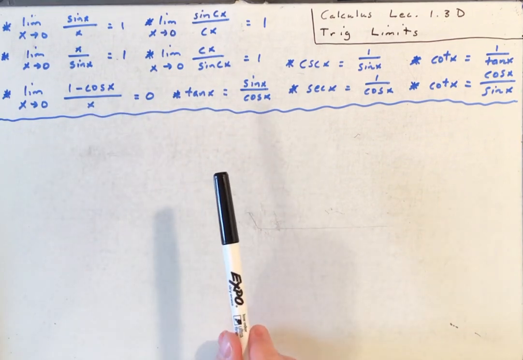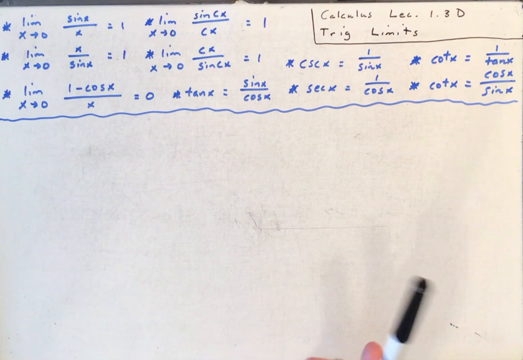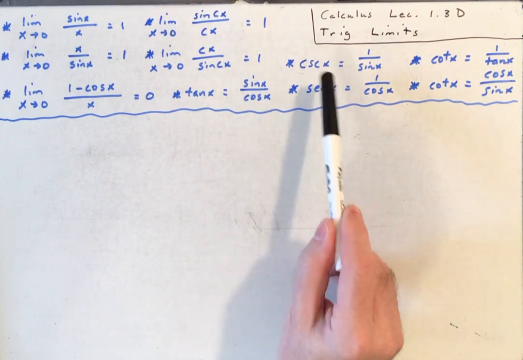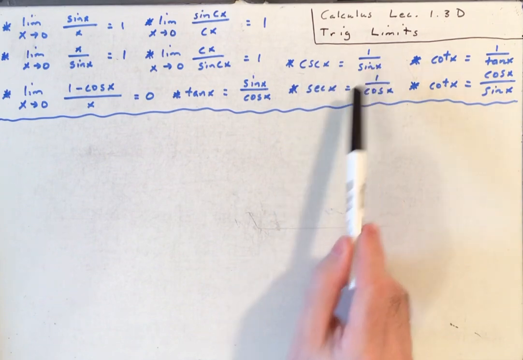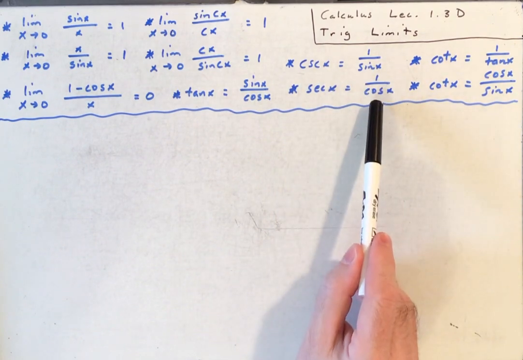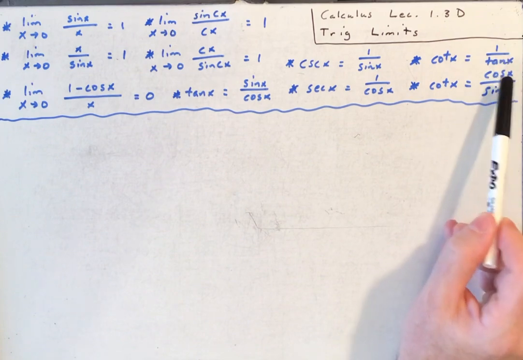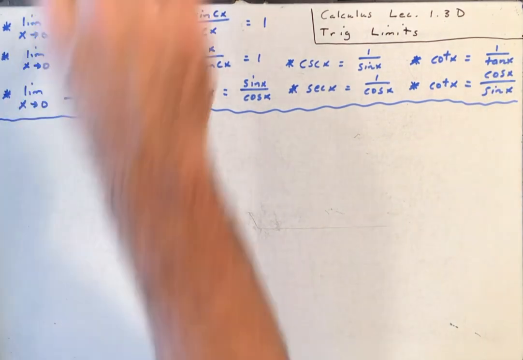And then you need to remember a few trig identities, such as tangent x is sine over cosine x, cosecant x is 1 over sine, secant x is 1 over cosine, and then cotangent is 1 over tangent, which would also be cosine over sine.